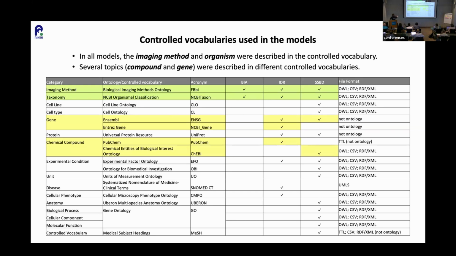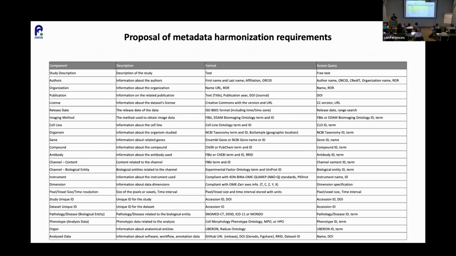So we have several shared vocabularies, but interestingly there are some categories that use different ontological vocabularies in different repositories. We have to take care of this point to make the harmonization.